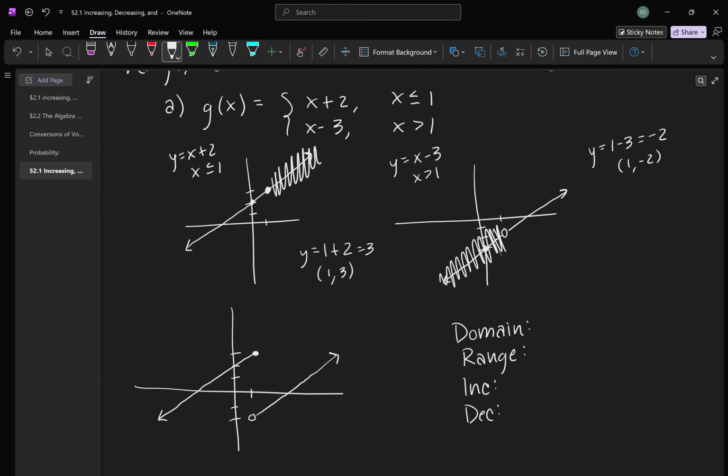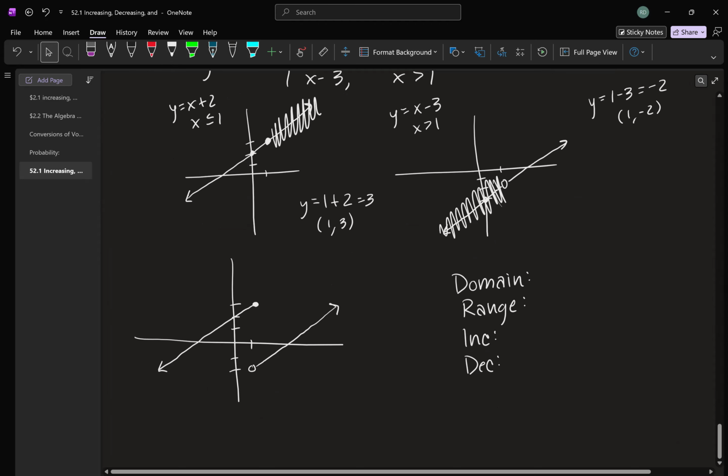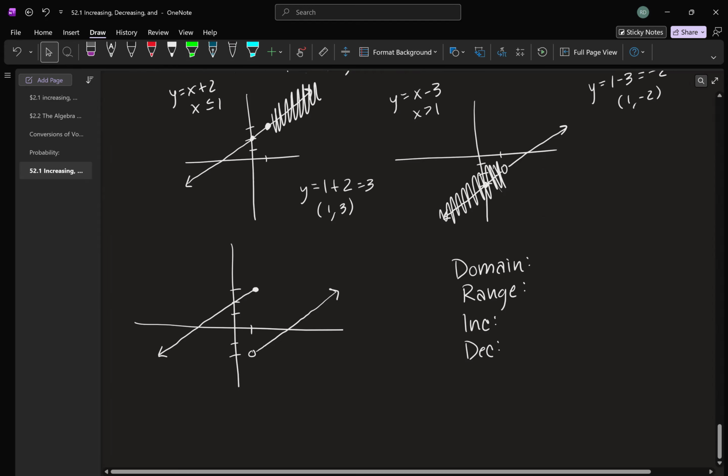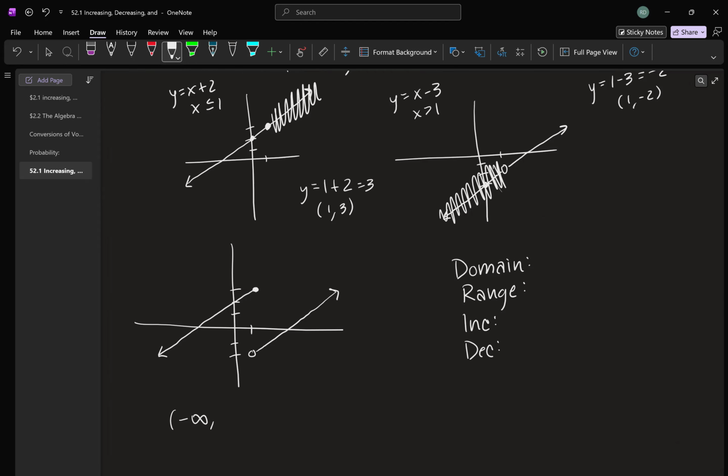So for the domain, let's look at the domain of both of the functions. So this one here has y values for the x values of -infinity to 1. So you just want to think we go from -infinity and we stop having x values at 1. And that's a closed hard bracket because it's a closed circle.